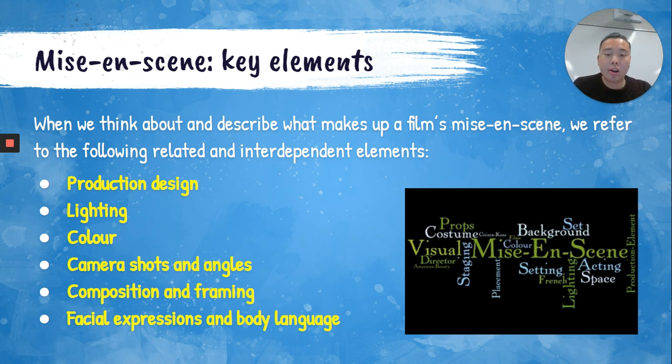Whereas production design, composition and framing, and facial expressions and body language might be a little bit new or foreign to you guys. So as you're watching this video, you may want to pause as I'm going through those specific elements, or any of the elements for that matter, and take a few more detailed notes or add to the notes that you took today.